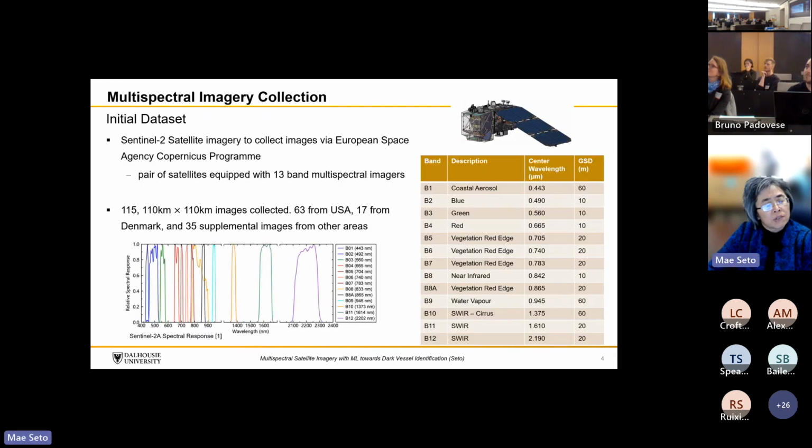This is the initial data set that we're working with using a license to look at Sentinel-2 satellite imagery. It's got a multispectral camera with quite a few bands, and what the machine learning aims to do is try to decide which band is most responsive to detection through clouds.